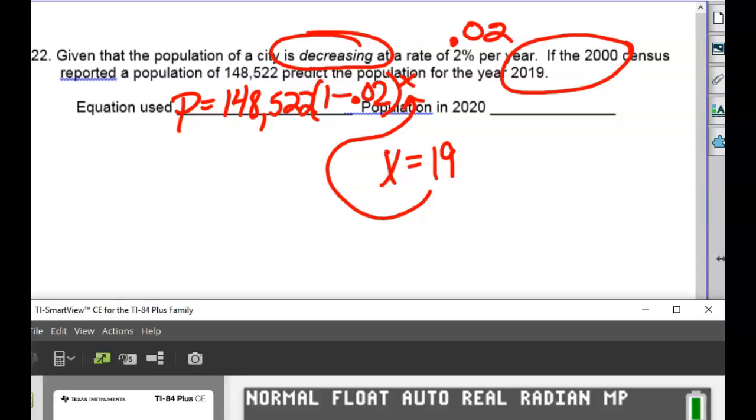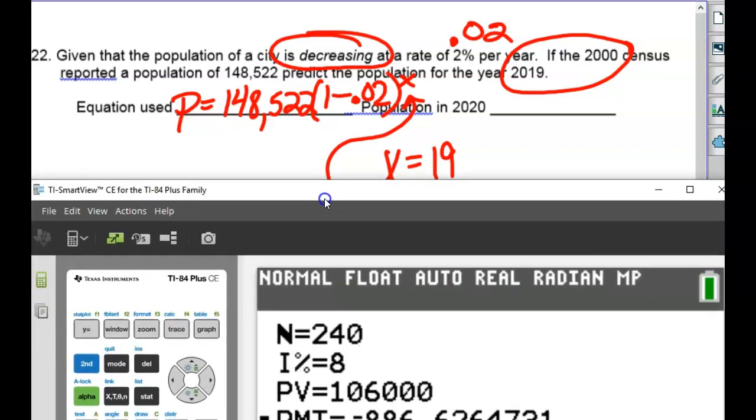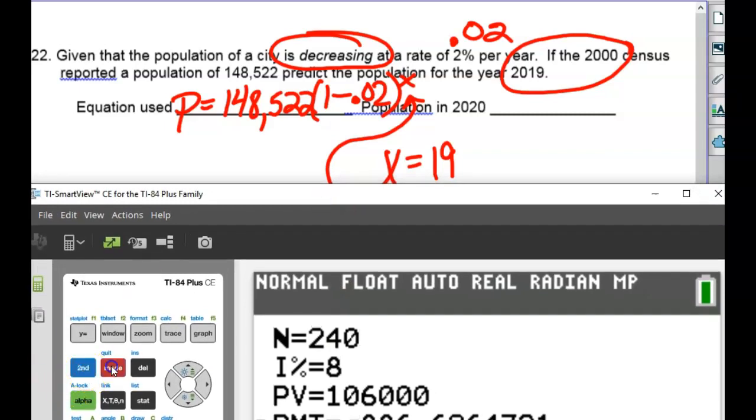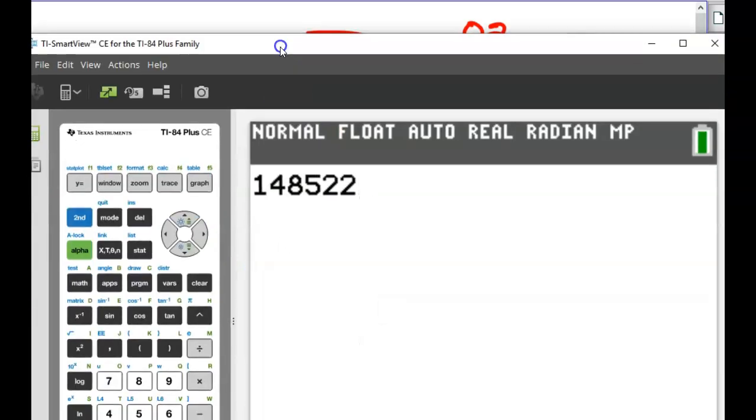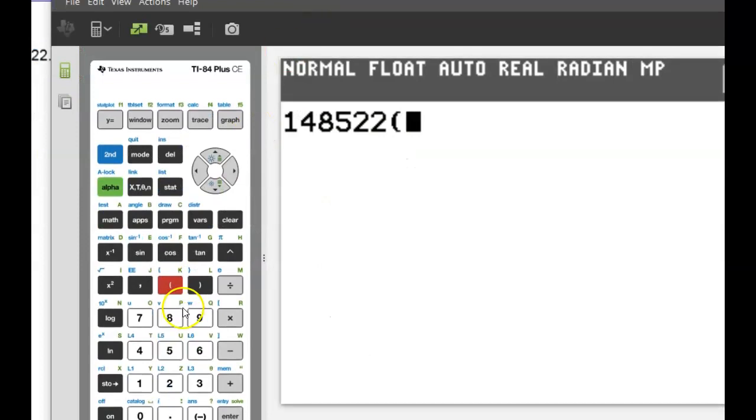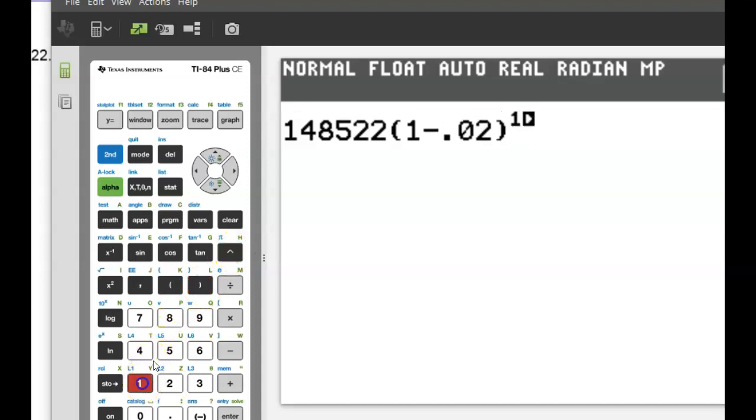So we have 148,522 times 1 minus 0.02 all to the 19th.